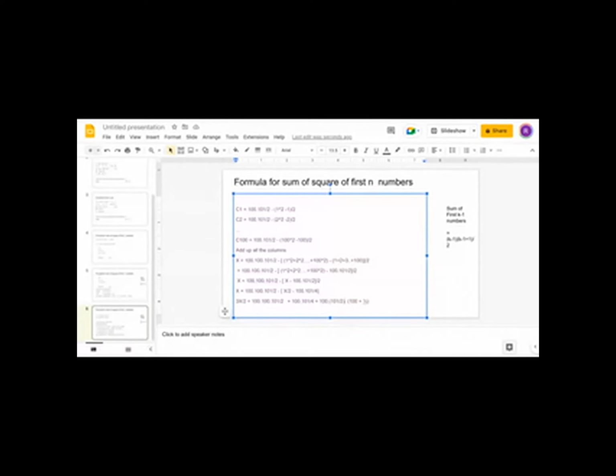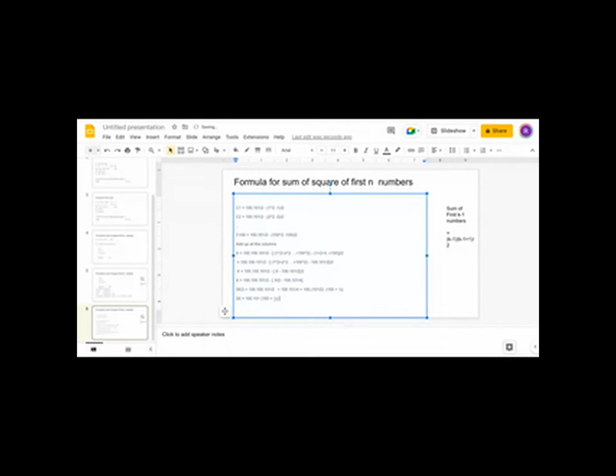Okay. And I can take the 3 below and the 2 up. So let me multiply both sides by 2. So if I multiply both sides by 2, I'll get 3x is equal to 100 into 101 into 100 plus half. I just multiply both sides by 2. Okay, correct?